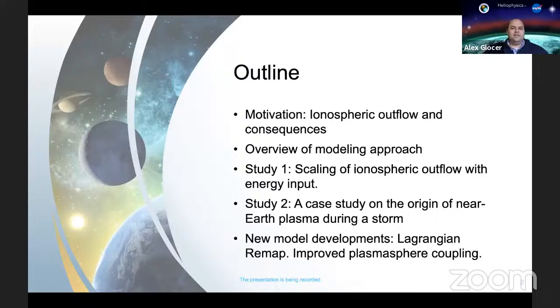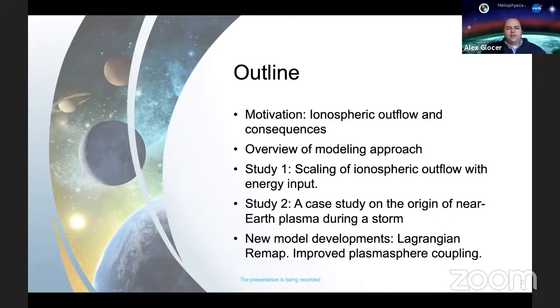I'm also going to give an overview of the modeling approach. Then I'm going to talk about two specific studies. The first is on ion outflow in particular, and how ion outflow scales with different energy inputs, a modeling study of that.